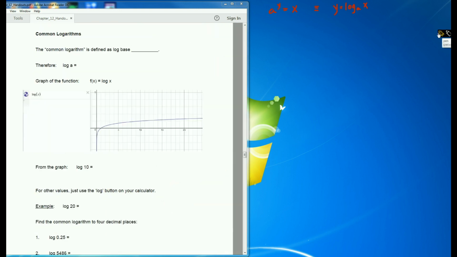All right, last topic for this section is something called the common logarithm. The common logarithm is defined as log base 10.